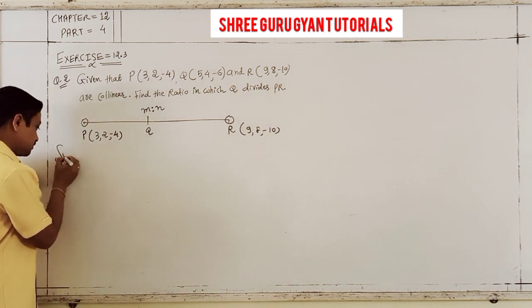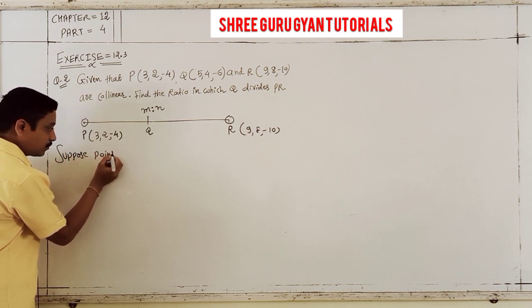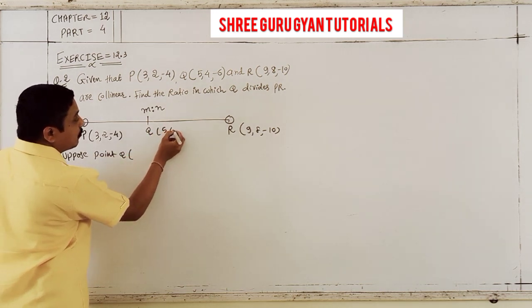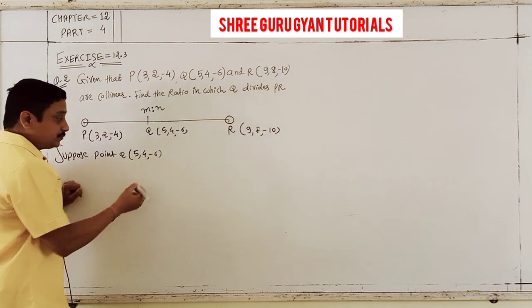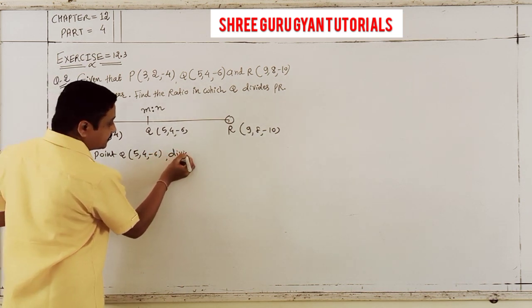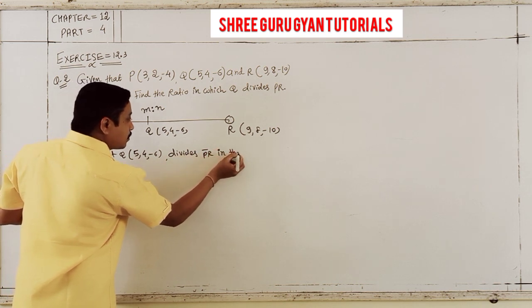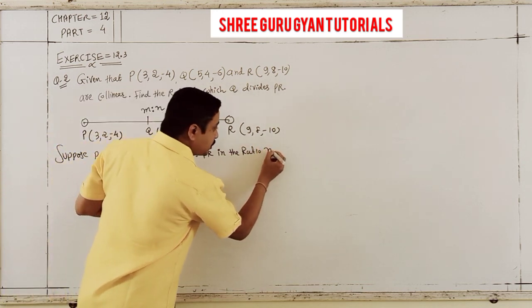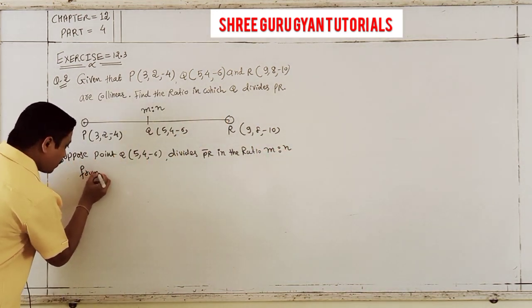So suppose point Q, which is given as (5, 4, -6), divides PR in the ratio m is to n from the P side.